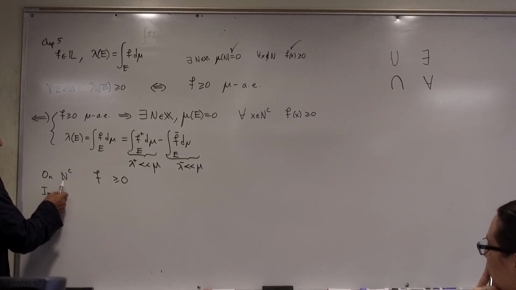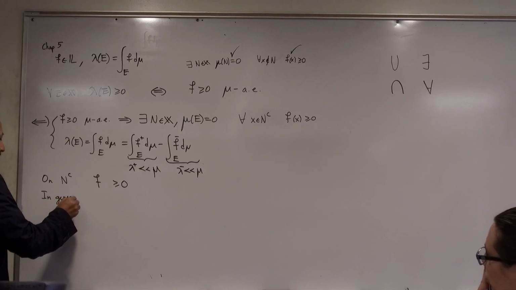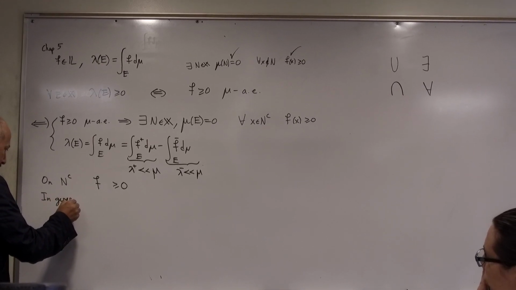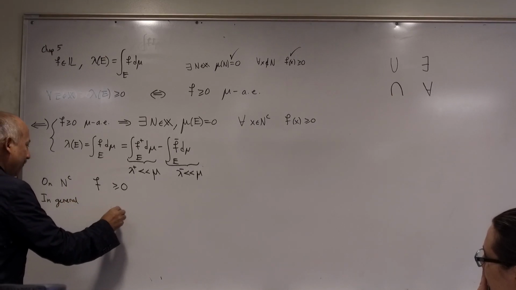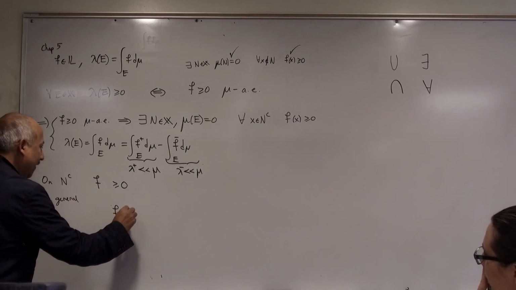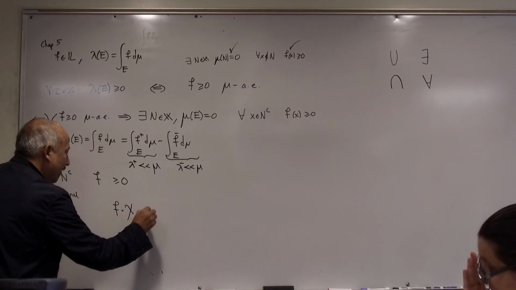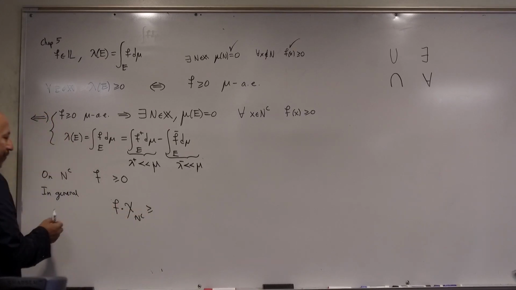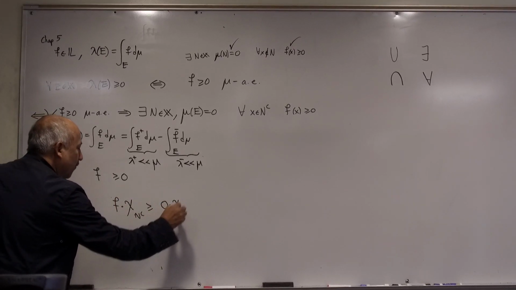So, on N complement, this is greater than 0. So in general, what happens? F times the characteristic function of this set is greater than or equal to 0 times the characteristic function of N complement.